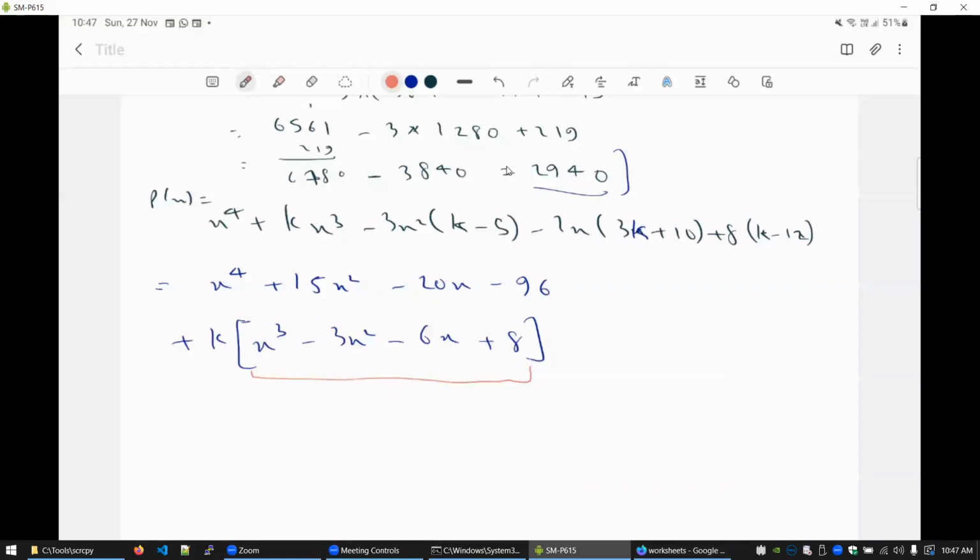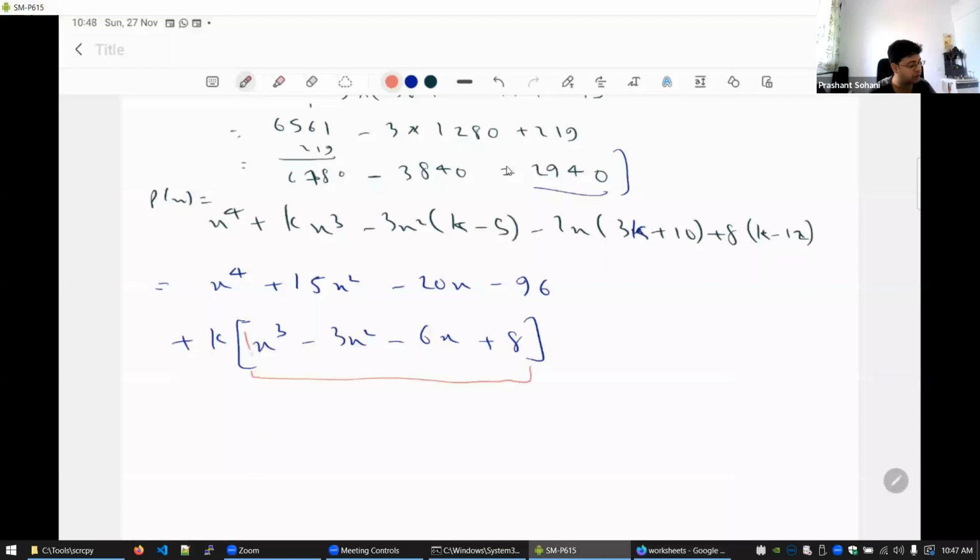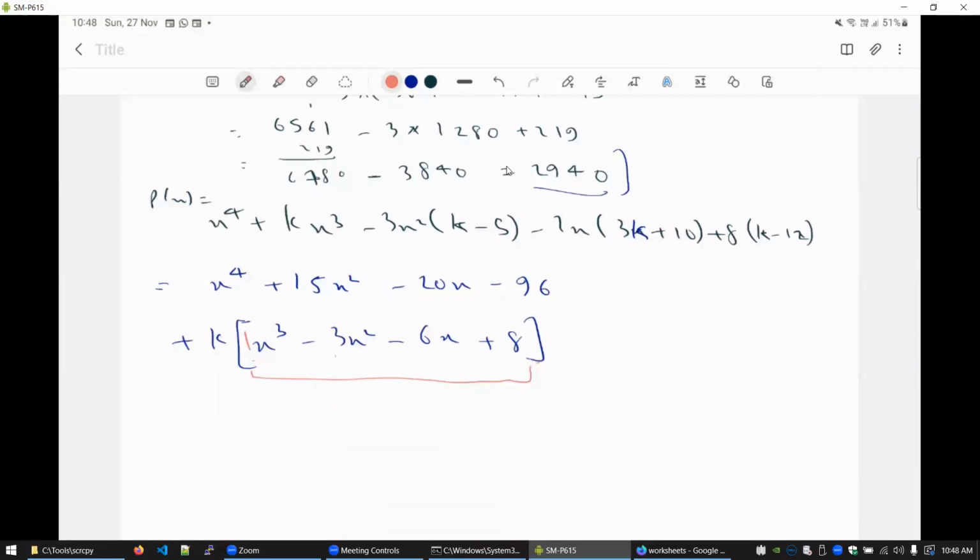Sir, 1 is a root. 1 is a root because, by pure observation, 1 plus 8 is 9 and minus 3 minus 6 is minus 9. So 1 is clearly a root. Can we factorize this? Yes.